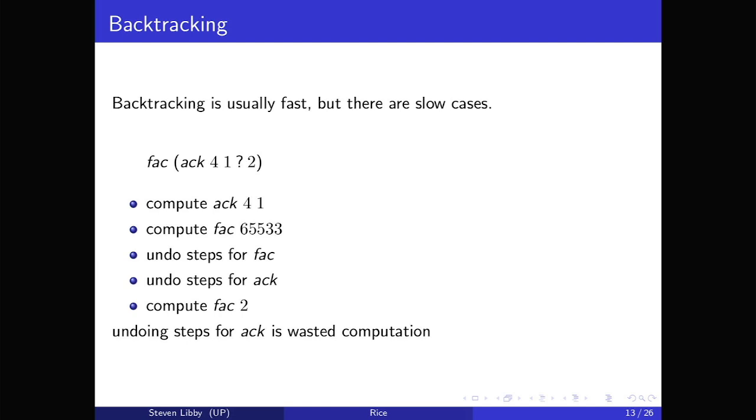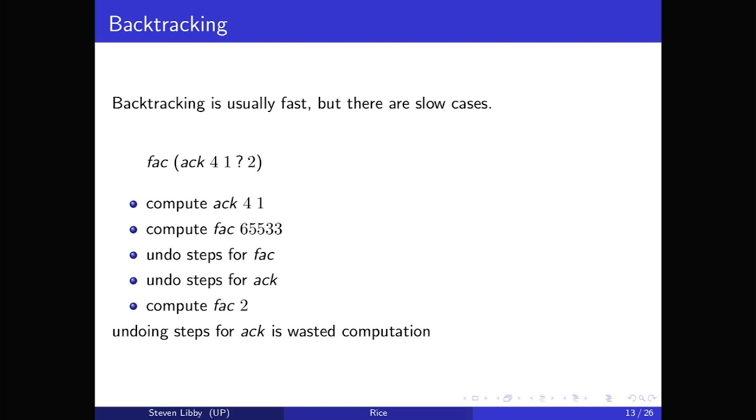These are all necessary. This step is not. I don't need to undo these steps for ACK. I'm never using it again. And this was an entirely deterministic computation. And then I compute factorial of 2. Undoing these steps is a huge thing, because it's going to be every single step I did in here.